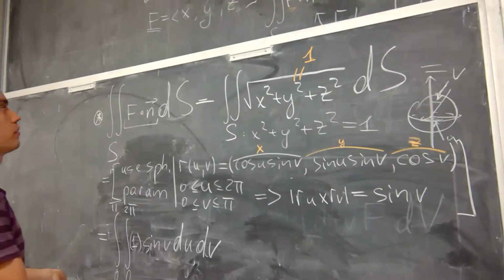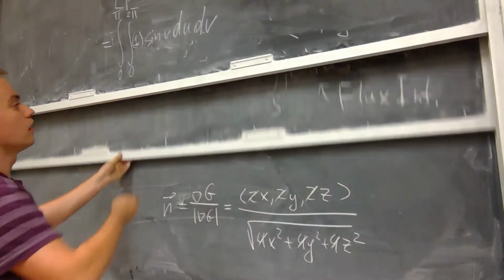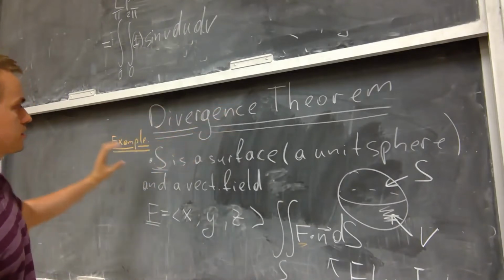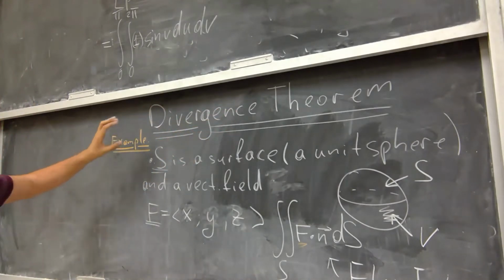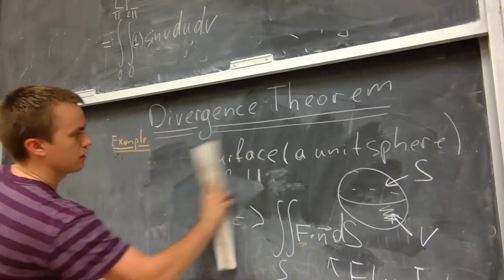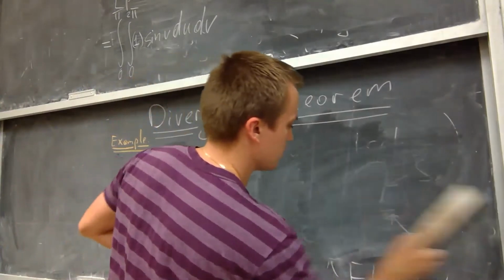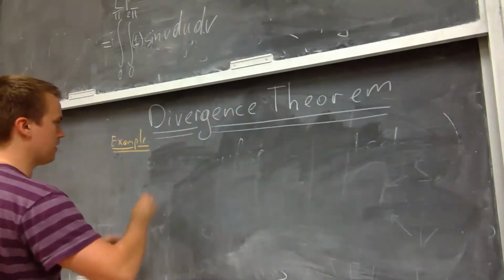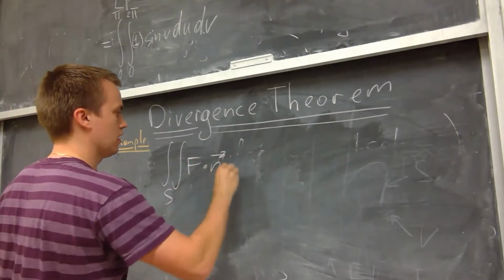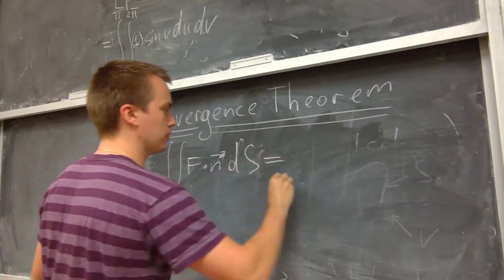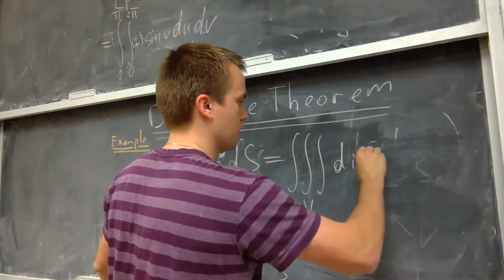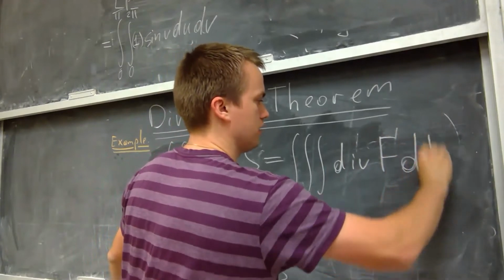So what am I originally doing? I want to show the divergence theorem based on an example, and then I want to give an intuitive proof of the divergence theorem. The divergence theorem basically says that if I have the double integral over S of F dot n dS, it's going to be equal to the triple integral over the volume of the divergence of F dV.